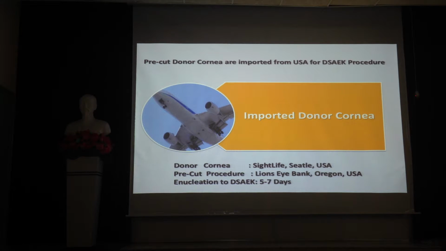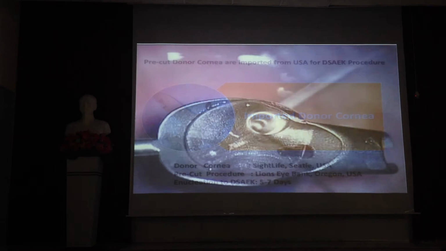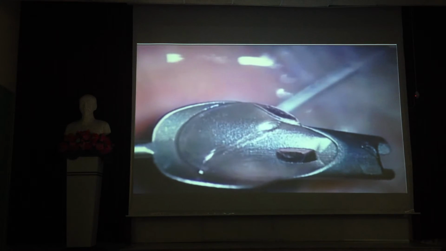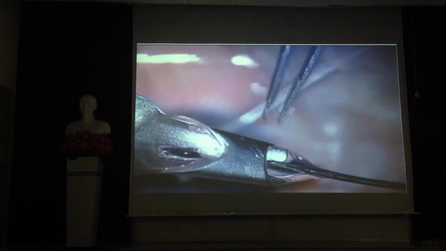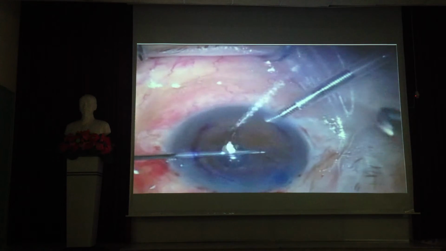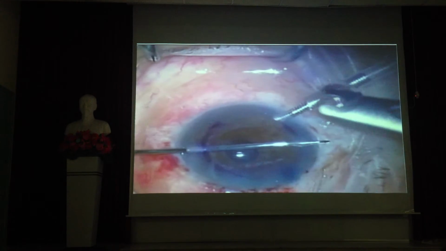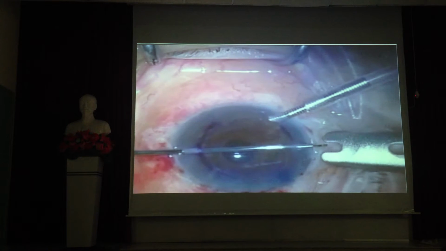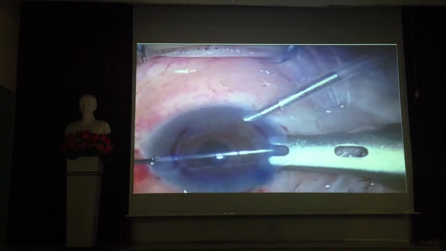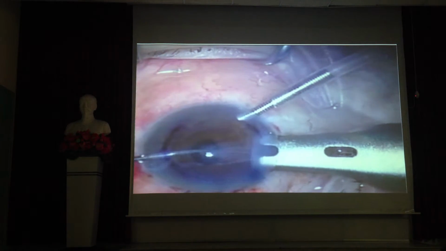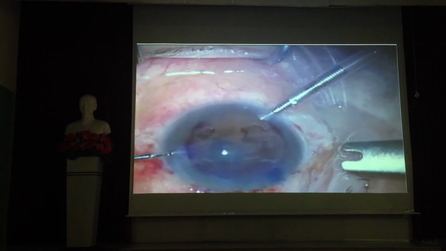So for us, we imported the pre-cut donor cornea from the United States for the DSAEK procedure. And usually we perform the DSAEK within 7 days after the enucleation. We do the quite standard procedure for DSAEK, using the Busin glide and the pull-through technique.